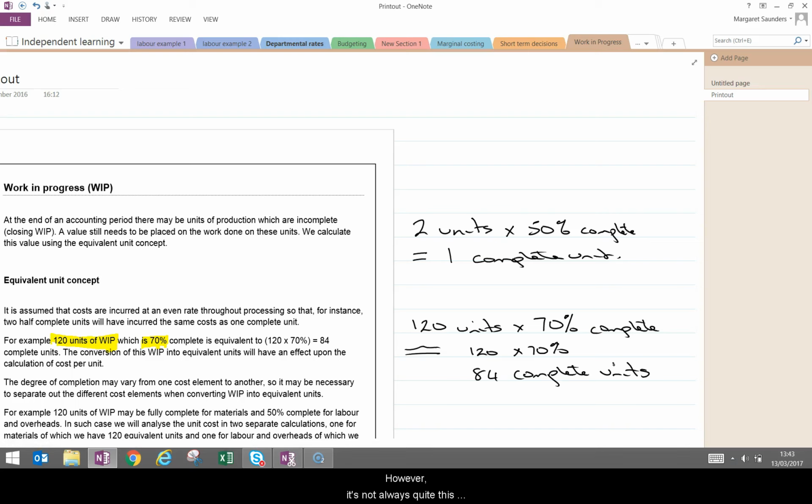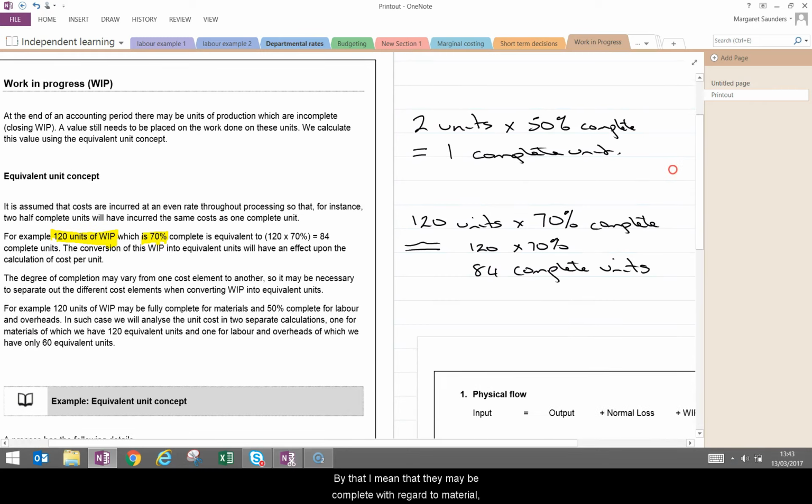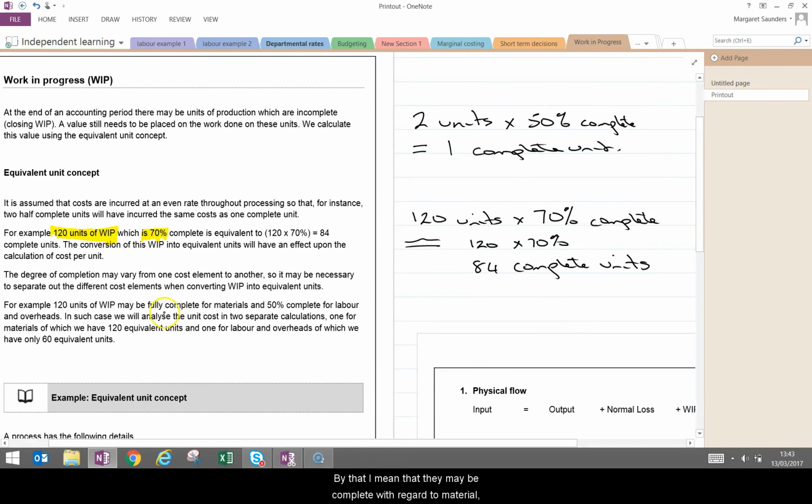However, it's not always quite this straightforward, because what you may find is that the units have a different degree of completeness. By that, I mean that they may be complete with regard to material, but not complete with regard to labour and overheads.